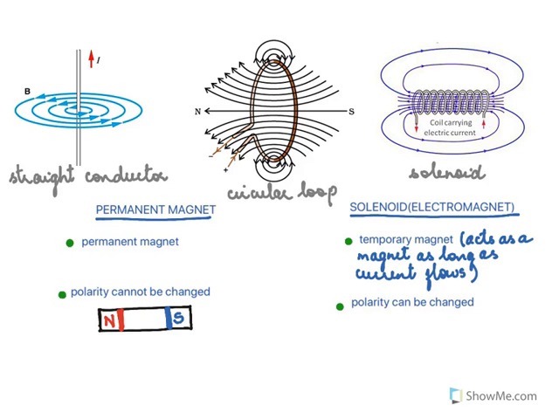However, in the solenoid, we can change the polarity by changing the direction of the current. Here we have a solenoid where the current is flowing in this direction. Then we find that the field lines flow in this direction.